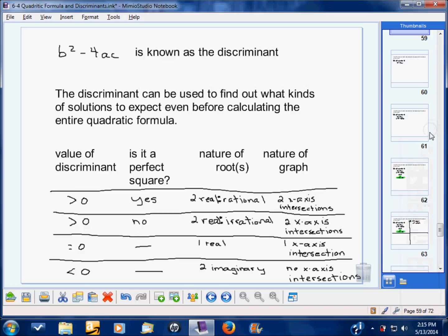Our next thing is we're going to take a look at calculating a bunch of discriminants and giving the nature of the roots. We just talked about what they are. So keep that chart handy, keep your finger in your notebook where it is, so that when you look at each one, you're going to be able to tell what the nature of these roots are.